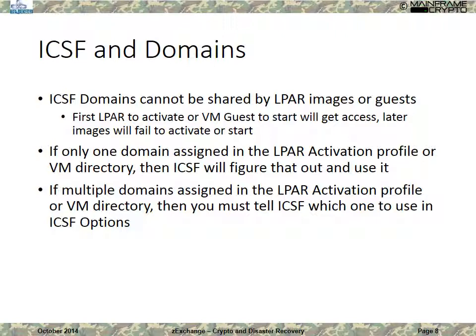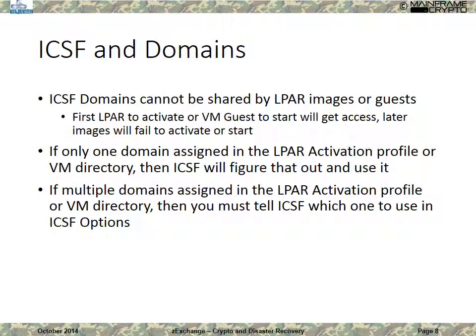So you're going to have to go in and change the options data set when you get to the DR site to say, all right, today we're going to use domain 3. Now, in your production system, maybe you're assigned domains 6 and 7 to your production environment, and your options data set has a domain equals 6 parameter in it.